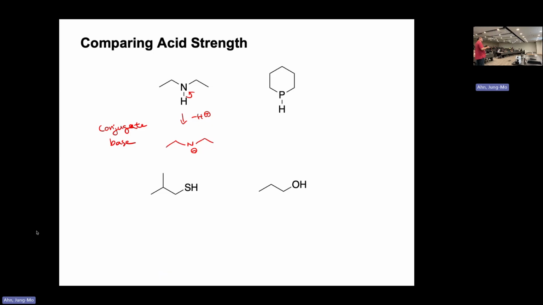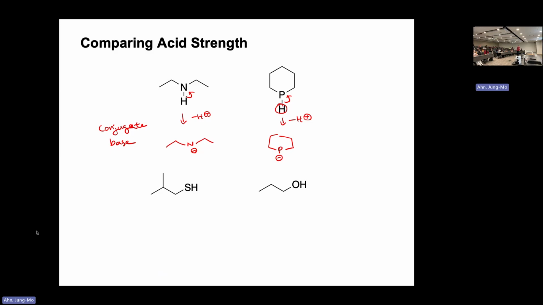And that's a phosphorus having a hydrogen there, the most acidic hydrogen here. When the proton goes away, we're going to have a negatively charged phosphorus. So which anion is going to be more stable, the nitrogen or the phosphorus?